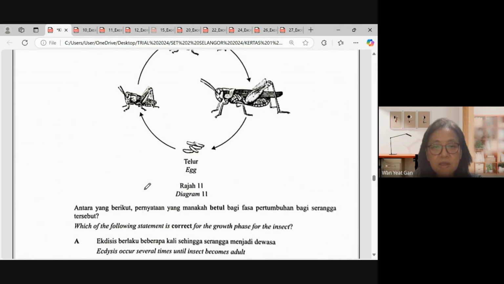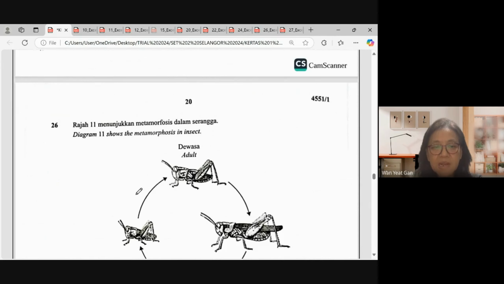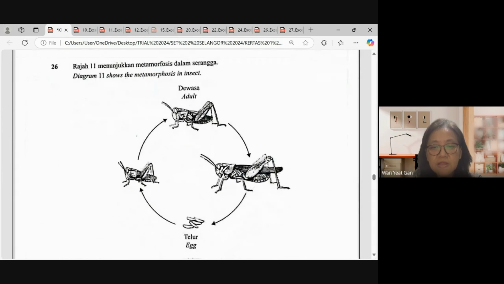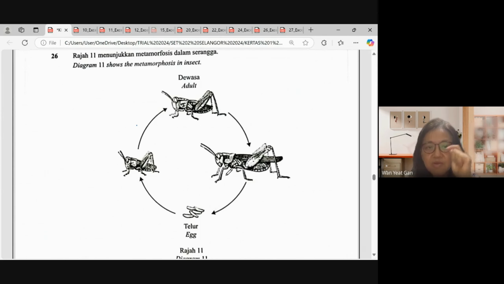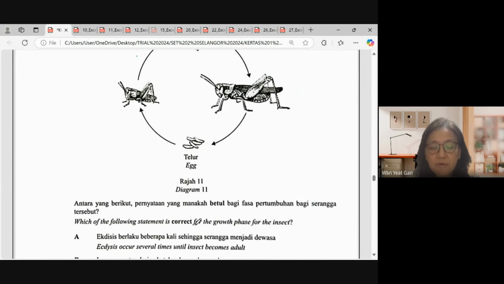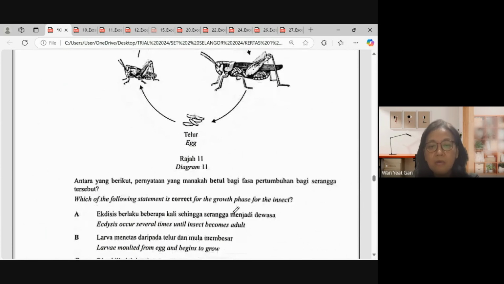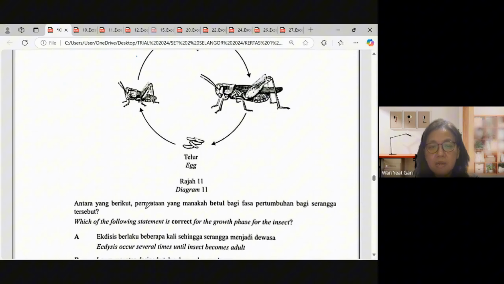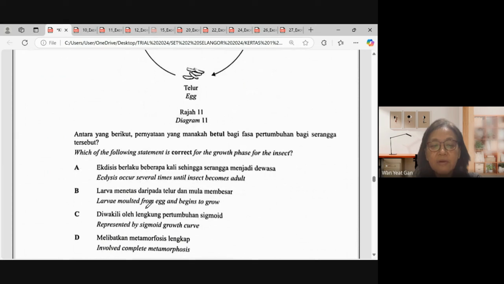Question 26. Diagram 11 shows the metamorphosis in insects. So this is grasshopper. Grasshopper shows incomplete metamorphosis. Which of the following statements is correct for the growth phase of the insect? Now, the insect undergoes several times ecdysis to become an adult.